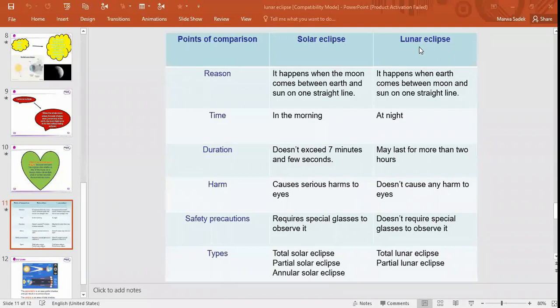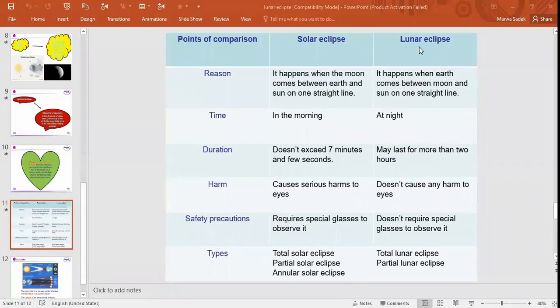What about lunar eclipse? It happens when the earth comes between the moon and the sun on one straight line. So in the lunar eclipse, the earth is in the middle.